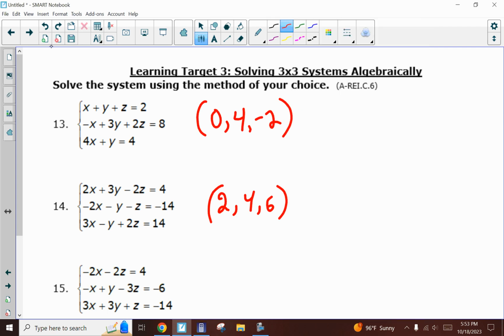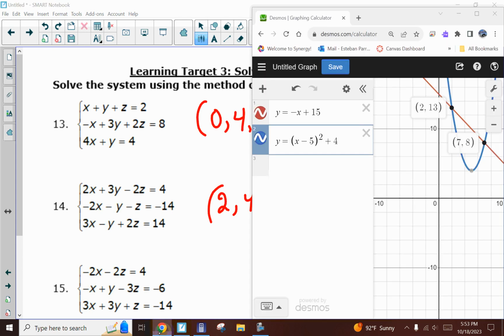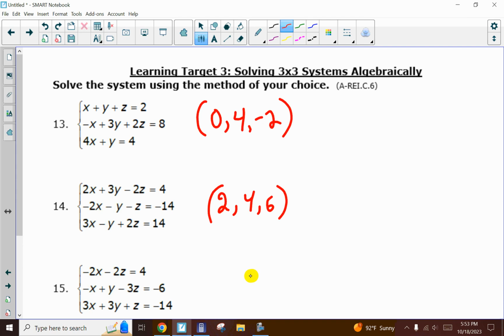So negative 6, if my computer unfreezes. I'll wait a few seconds because my computer is frozen. Desmos is working. Now we're back in business.